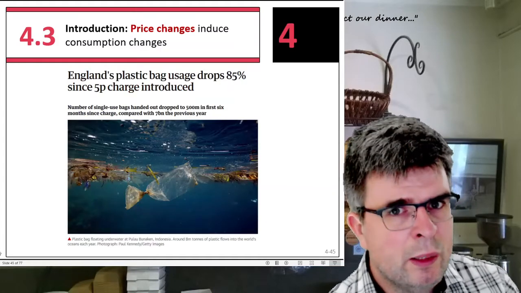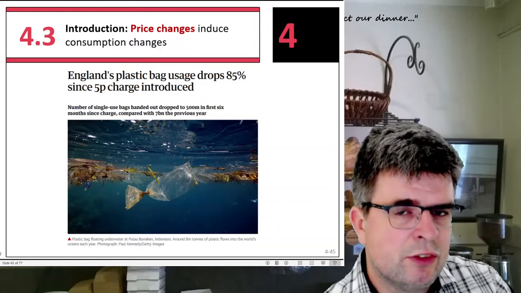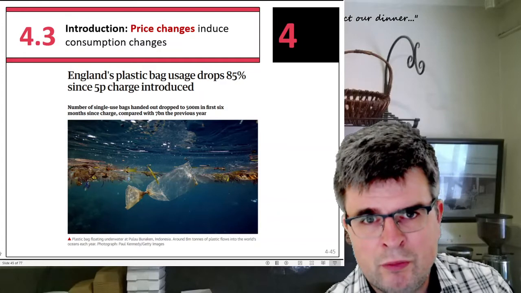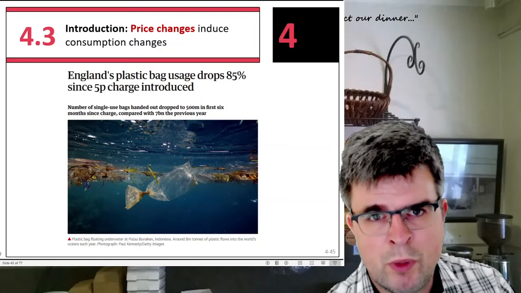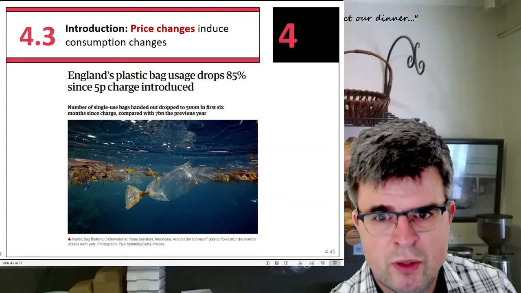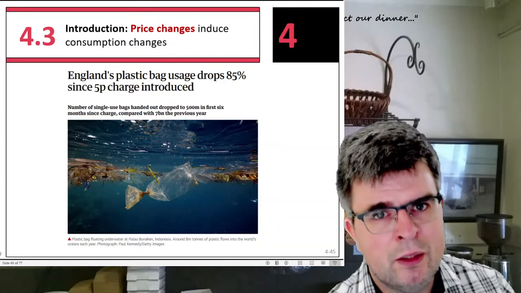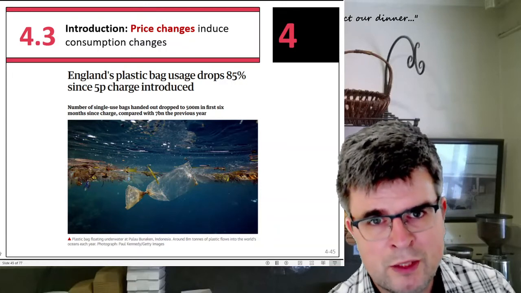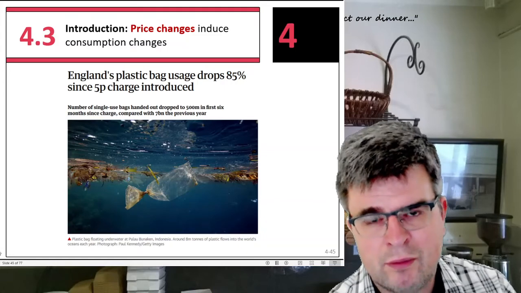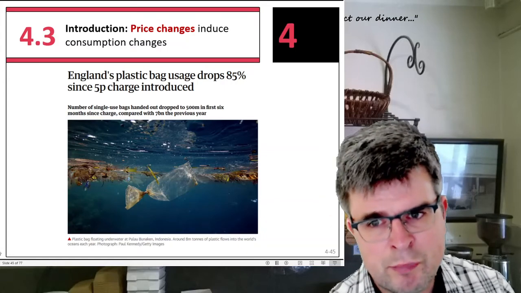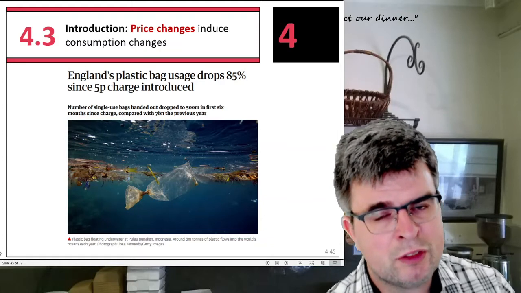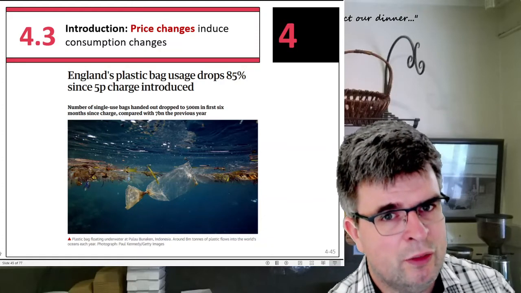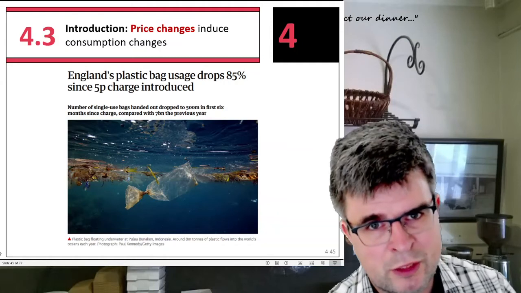But not only income changes induce changes in the consumption bundles that people consume, but also if the price of one or both goods changes. So one example here, in England a couple of years ago there was a tax introduced on plastic bags, and it was a small tax of only 5 pennies, but because of that consumers no longer bought plastic bags.